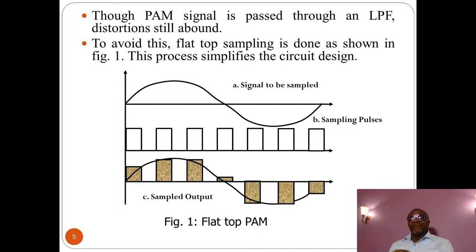So you see C, which is the sample output, shows that as the signal is varying, the height of the pulses is varying following the curve. When the curve goes negative, the amplitude of the pulses will also follow it in the negative direction. At the end, the apexes of these pulses are noted as points and rejoined to recover the signal.